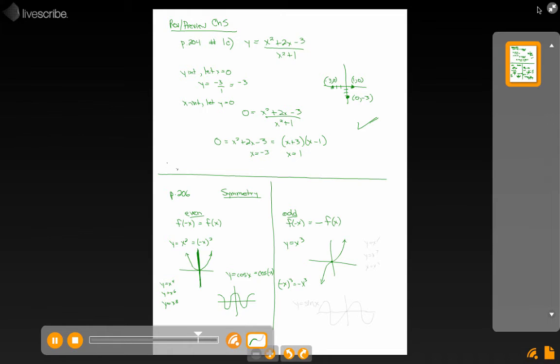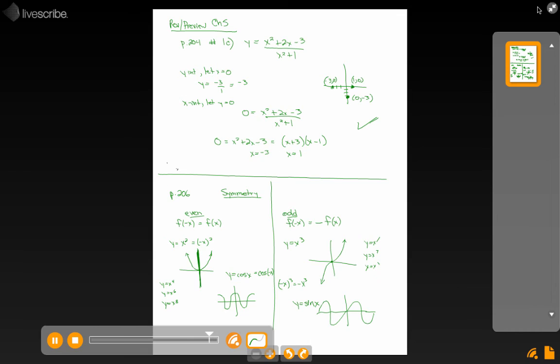And so all of your y equals x to the 5th, y equals x to the 7th, y equals x to the 9th are odd functions because of their odd exponents, but even y equals sine x can be considered to be an odd function. As you go up and to the right, you get the same answers, but positive compared to the answers you get as you go down and to the left.